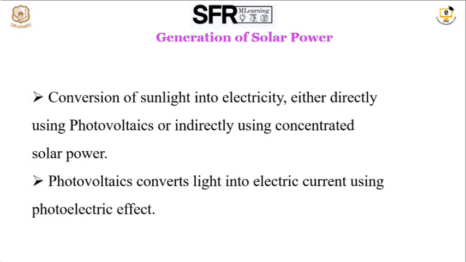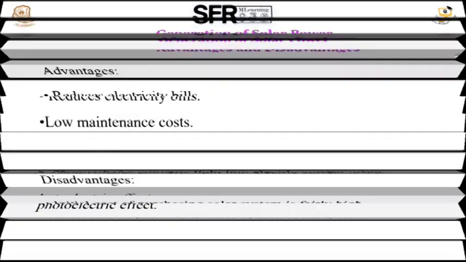The generation of solar power. Solar power is the conversion of sunlight into electricity, either directly using photovoltaics or indirectly using concentrated solar power. Photovoltaics convert light into electric current using the photoelectric effect.